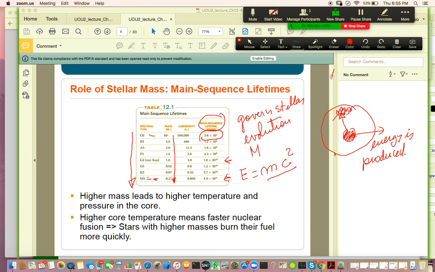This energy will be produced at a faster rate for the massive stars and at the lowest rate in the coolest stars. So the more massive, the faster this conversion of mass into energy will take place. This is a very important aspect of this chapter on the evolution of main sequence stars, primarily the evolution of stars like the sun.